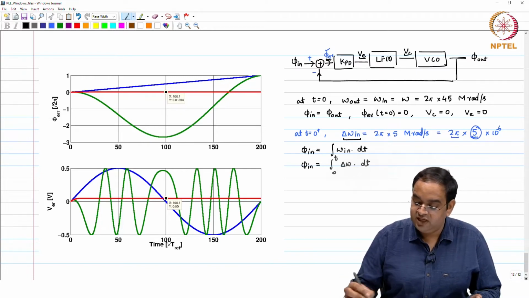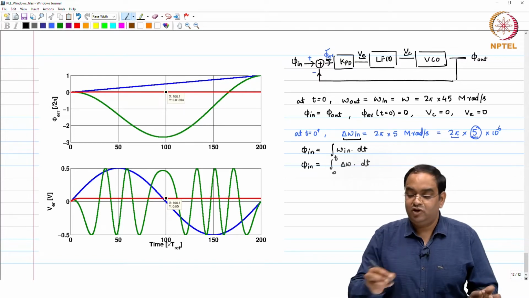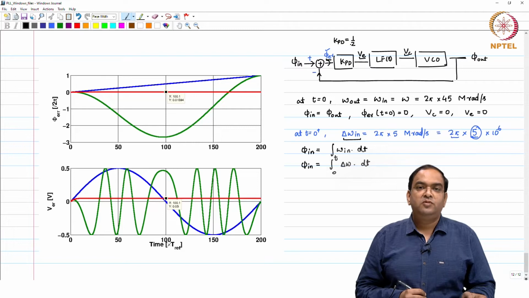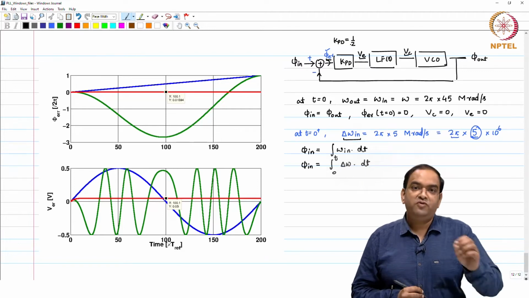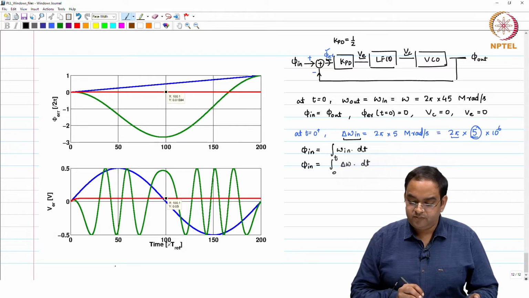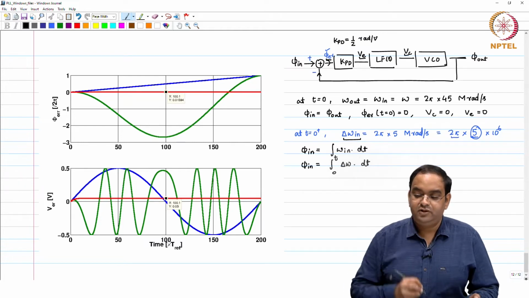We know initially the phase error was 0. Okay. So, PLL was locked, the gain of the KPD is equal to here 1 over 2. When the phase error is equal to 0, we have seen what is the gain of the phase error detector. So, this is radians per volt.